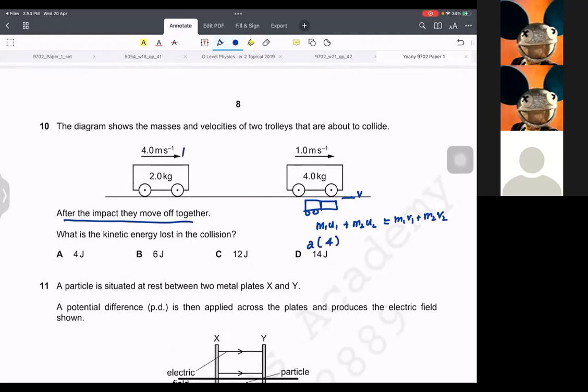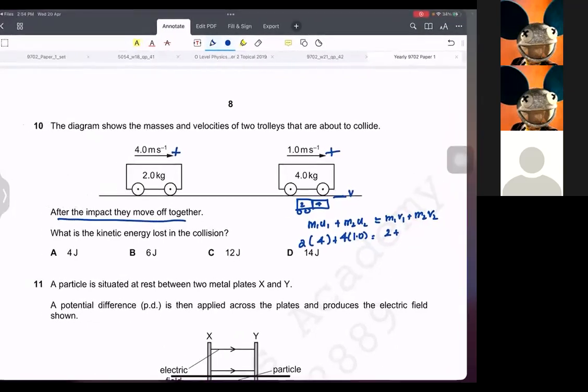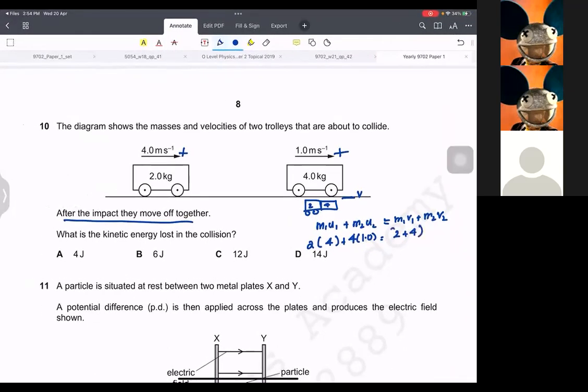I'm taking this side as positive. This is 4 times 1, 2 plus, now when they combine, you just add the masses and they will move off with the same velocity. So this is 8, this is 4, 6. 4 plus 6 is 12, 12 plus 6. So it means velocity was 2 afterwards.